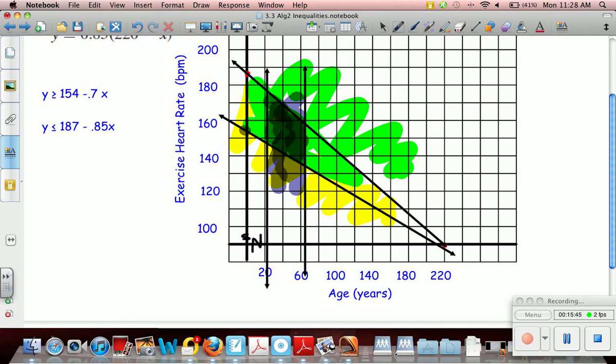Right here where this darker spot is, this little four-sided figure here. So the solutions are going to be right here, where all the ones are bigger than the 20, but less than the 65, and fit the other two inequalities. So right there in that center location would be the points that are the solutions to this system.